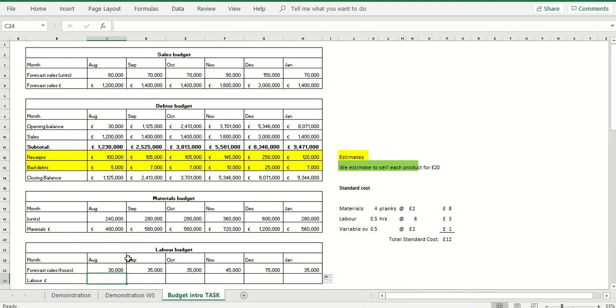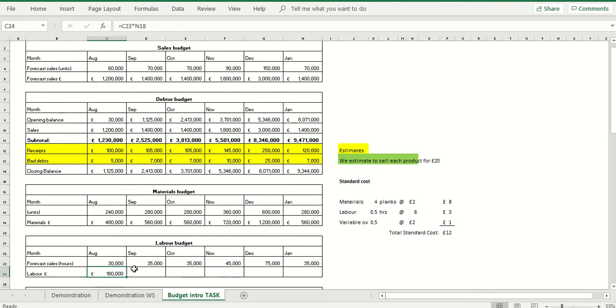In terms of how much it will actually cost to make, if it takes half an hour to make it, and it's £6 per hour, and we are spending 30,000 hours, all we have to say is we're going to spend 30,000 hours making this product times £6 per hour. That will give us a total cost of making these products.